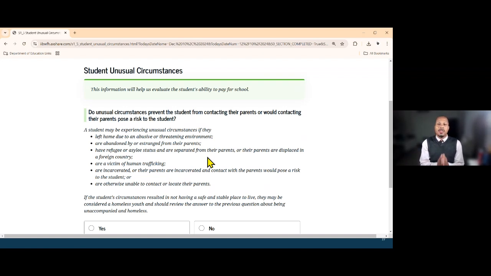Once it's verified, you will lose the provisional status and be treated as a fully independent student. If you don't provide the information pertaining to your situation, you will be removed from that provisional independent status and treated like a dependent student, asking for information from your parent or parents.